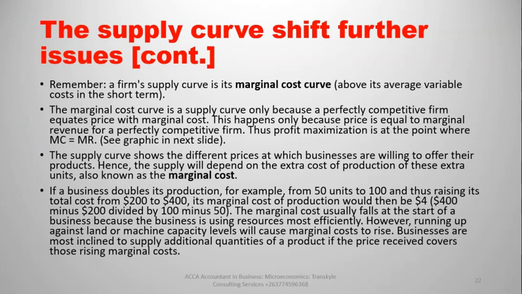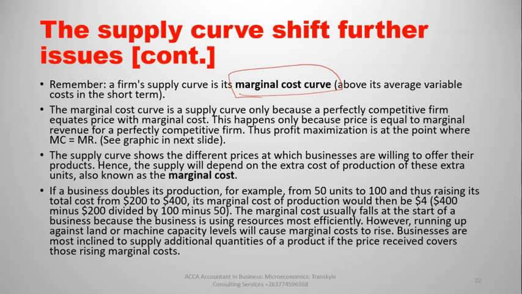All right, so remember, a firm's supply curve is also called its marginal cost curve above its average variable costs in the short term. We just have to be comfortable with these terms because they are going to be resident whenever we talk of economics.